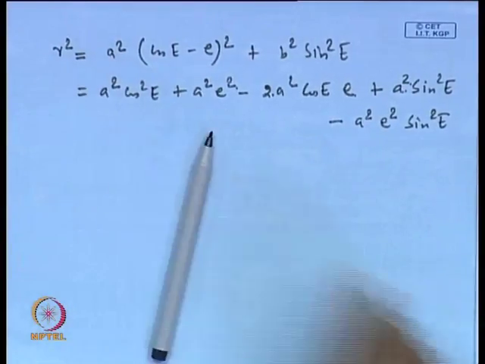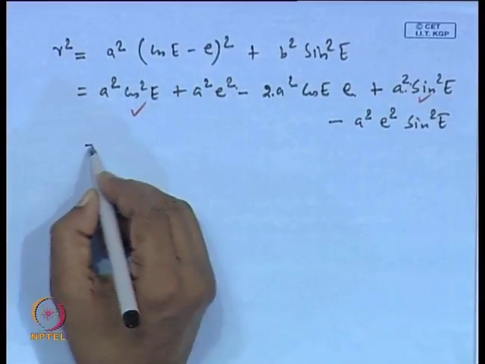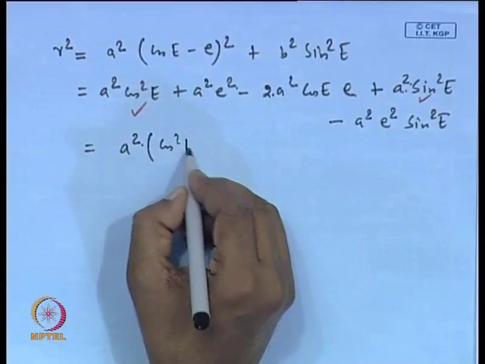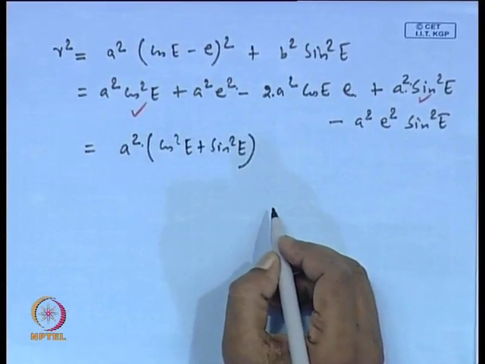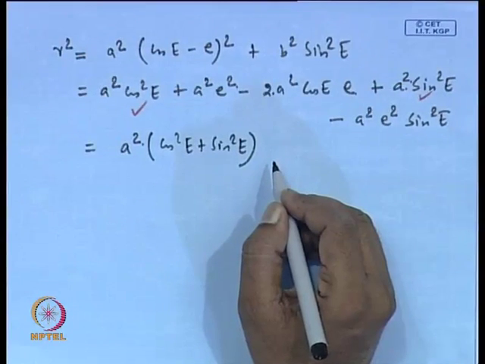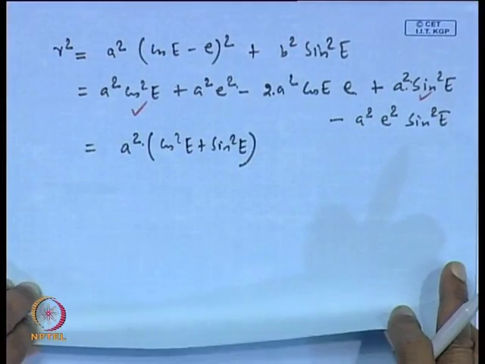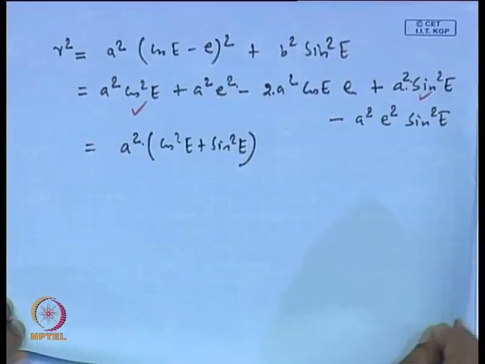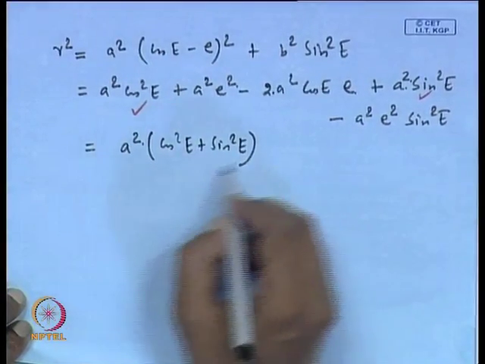So, this term we can add. So, that will give us a square, here cos square e plus sin square e. Okay.